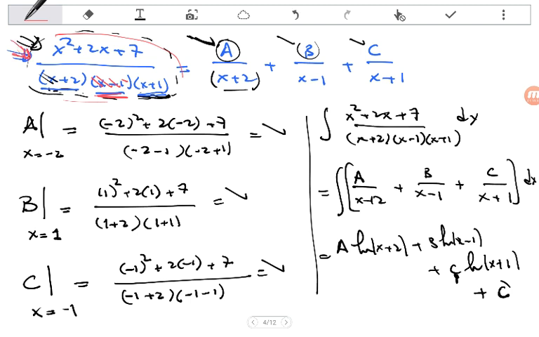But just study this lecture, which has the three basic forms: a linear bracket, a non-factorizable quadratic bracket, and a linear bracket raised to some power. These are the three standard forms for the simple fractions that we have learned today.